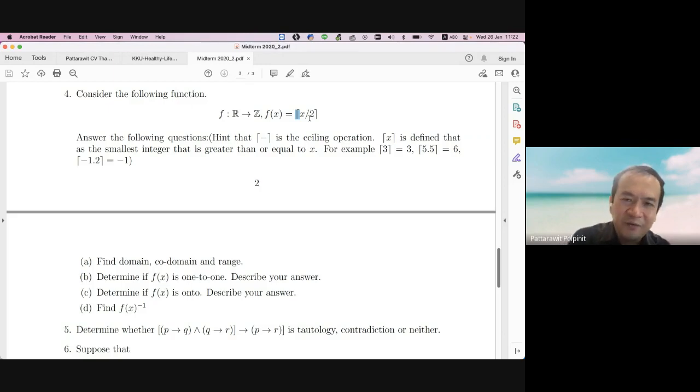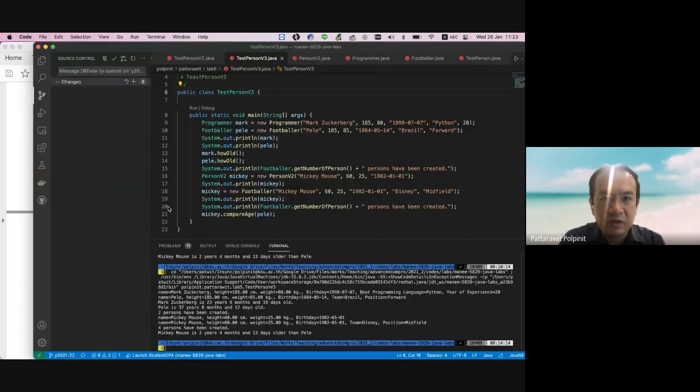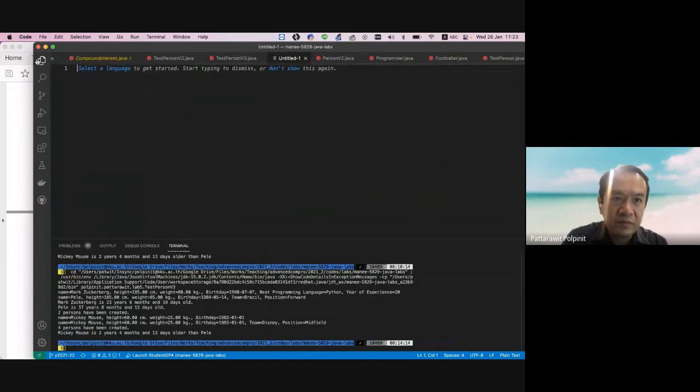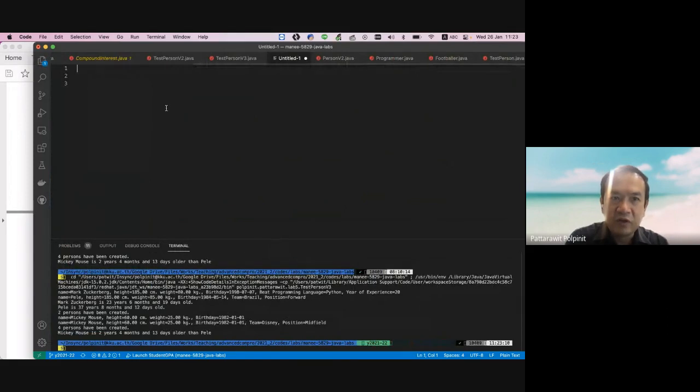So the ceiling function is something like this. Oh, I don't have a ceiling symbol. Okay, let's imagine that the brackets are the ceiling.